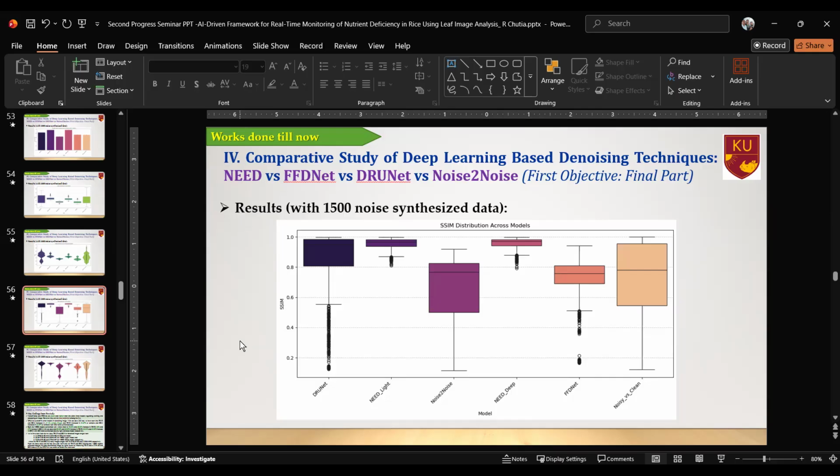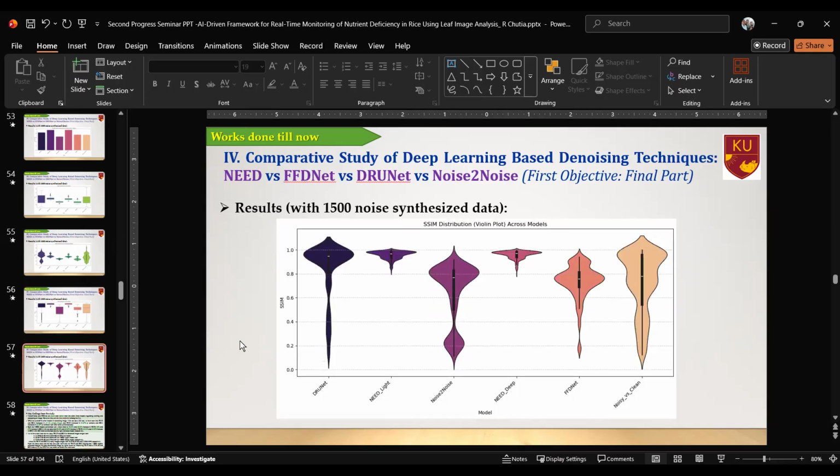So this is actually a good result from the NeED-Light and NeED-Deep models. Here again in the violin plot you can see clearly that it is confined to a specific range between 0.8 to 1.0 in case of NeED-Light and NeED-Deep, and in case of DRUNet it is distributed from around 0.12 to near about 1.